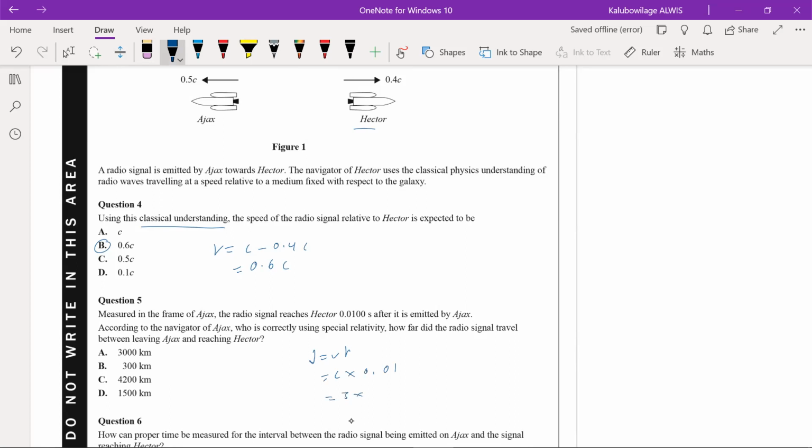That is 3 times 10 to the power 6 meters, which is 3,000 kilometers.